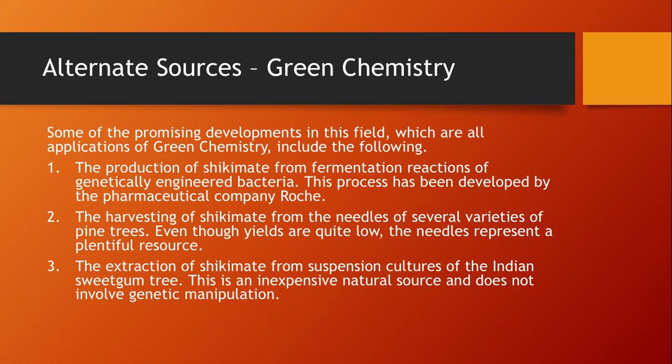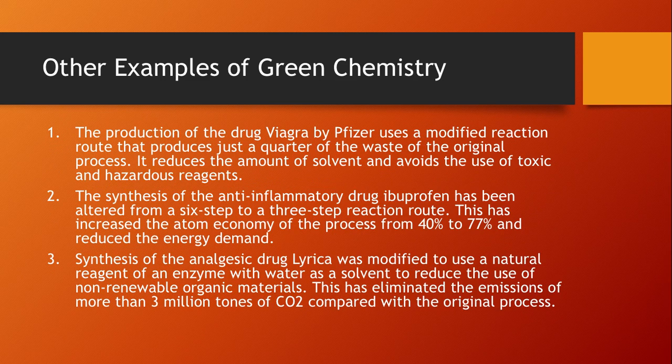Here are some other examples of green chemistry. The production of the drug Viagra uses a modified reaction route that produces just a quarter of the waste. The synthesis of the drug ibuprofen has been altered from a 6-step to a 3-step route. As you can see, the atom economy has increased from 40% to 77%.